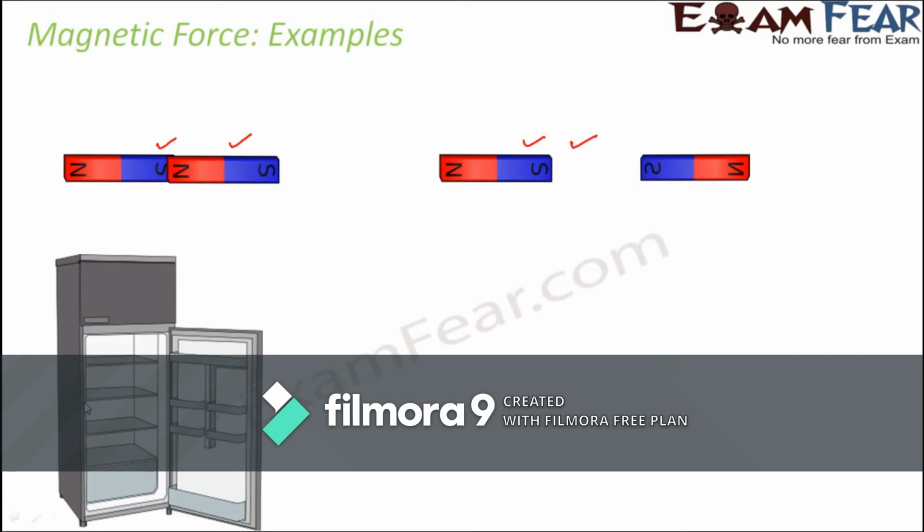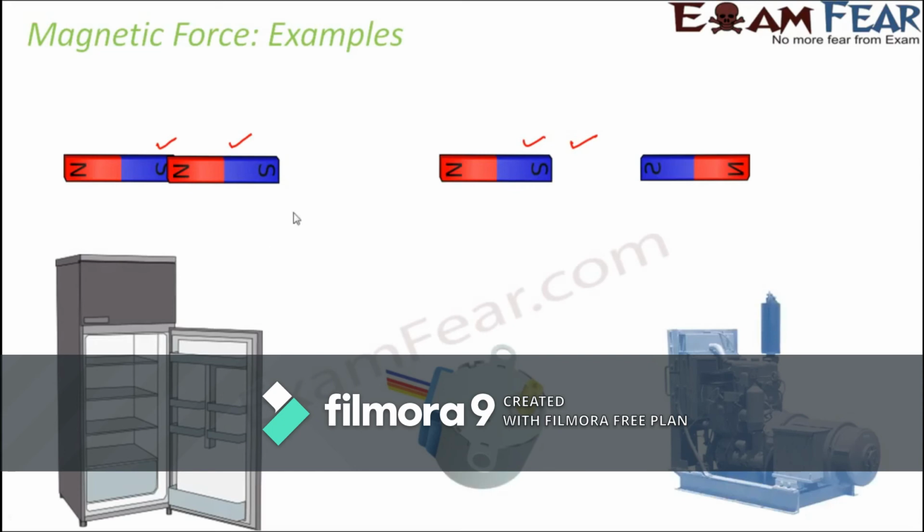Once the door gets closed, it is completely closed. It is not that you just touch the door and it will get opened. You actually need to apply a very good amount of force. Electric motors and electric generators are also examples where we find application of magnetic force.